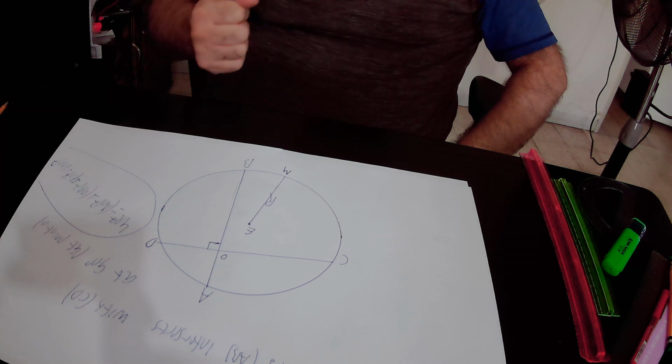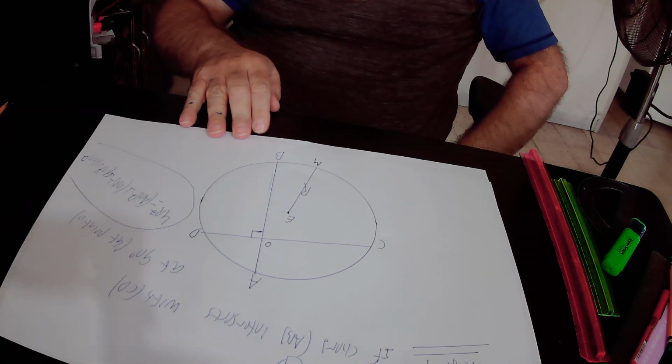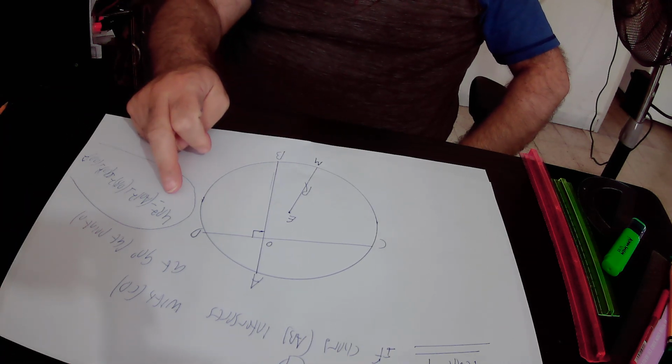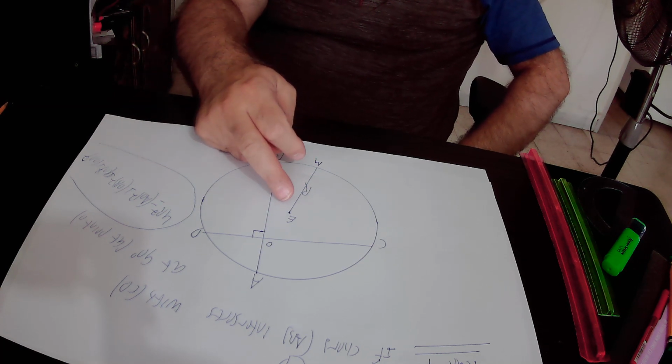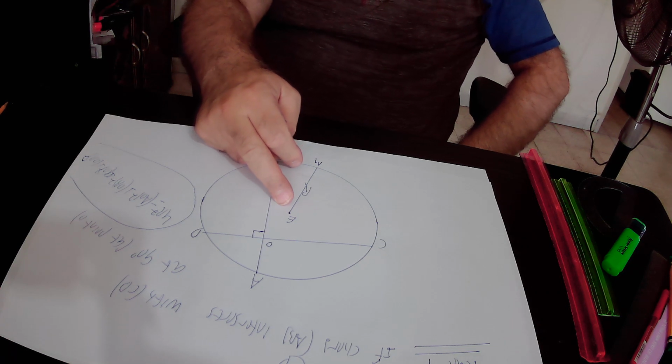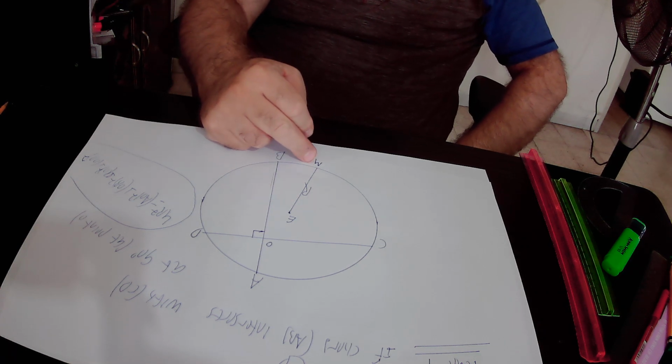So we have chord AB that intersects with chord CD at 90 degrees at point O. Therefore, according to rule number 4, we will get 4 times capital R squared. Capital R is the radius of this circle; it extends from the center of the circle, point E, to point M on the circle itself.